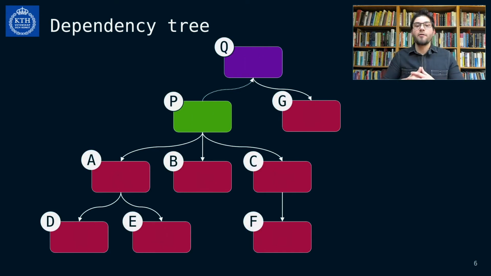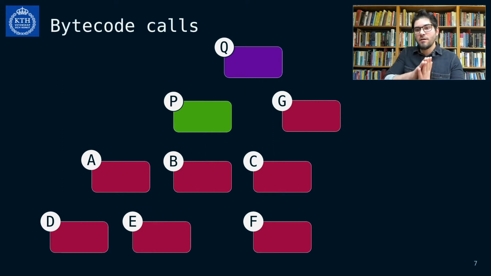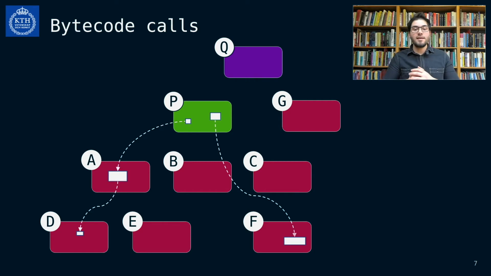If we forget about the dependency tree structure for a moment and look at the bytecode calls made by project P, we can see that there is a set of instructions in P that calls another set of instructions in the dependency A. And this set of instructions in A calls another subset of the transitive dependency D. Interestingly, we can also see that the dependency F is used by a subset of P.